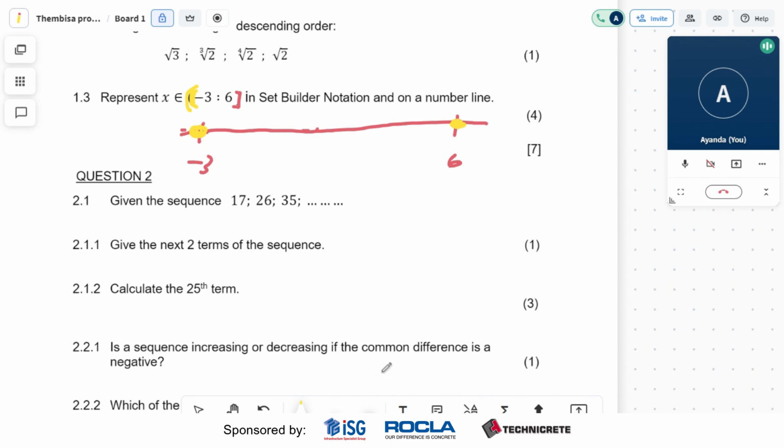So set builder notation just means using curly brackets. So what that would look like is we'd have x is an element from -3.